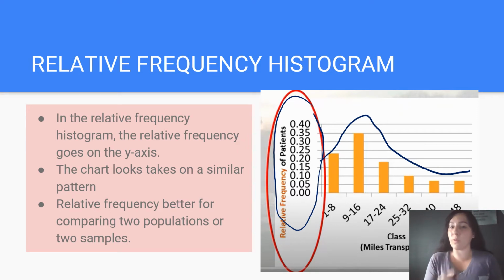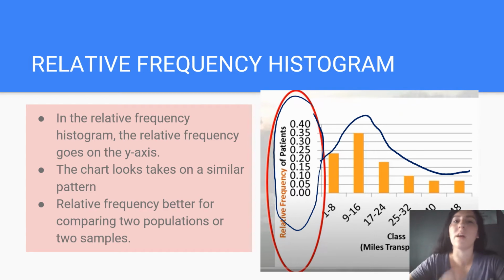But it is really good, because it's a whole lot easier to compare two populations or two different samples when you're studying. If you are doing an experiment or study where you're comparing two or more separate populations, it's a whole lot easier to use a relative frequency histogram than just a frequency histogram.